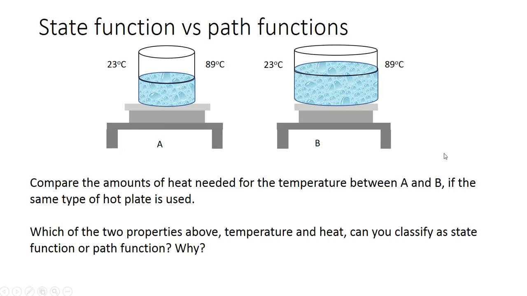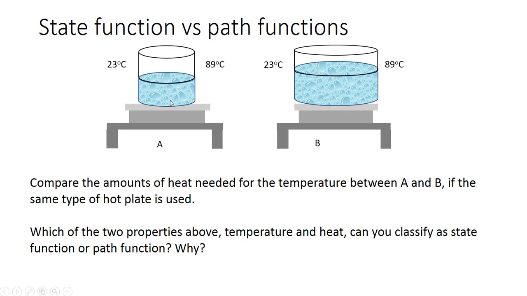Which one between A and B do you think will take a lot of time to heat up? Definitely B will take a lot of time. A will take less time to heat because there is less water. So you can see that in terms of the heat, we need more heat here. We need less heat here to make the same change in temperature.